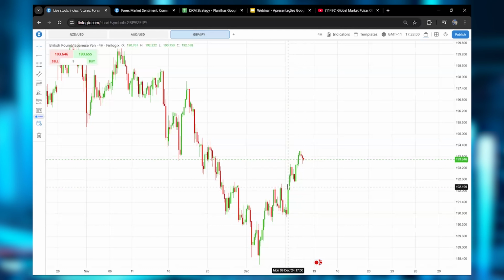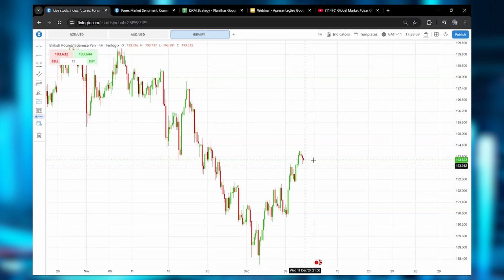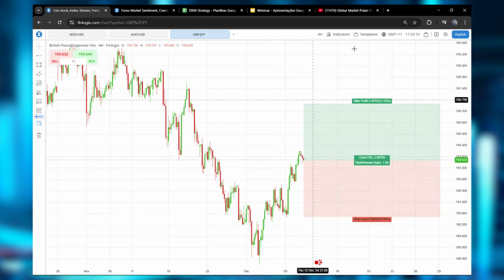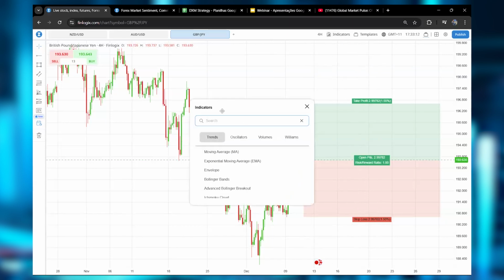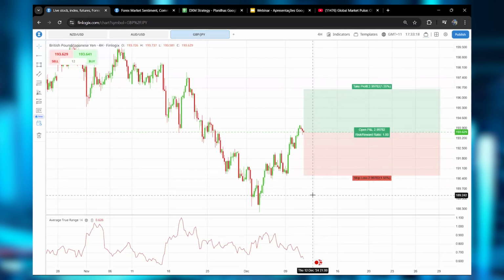Let's enter at market price and let me see where it is. There we go, long position. So we enter here and let's check the average true range. Right now it is at 626.